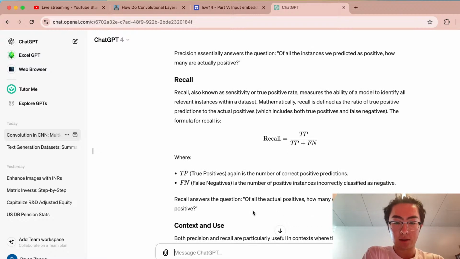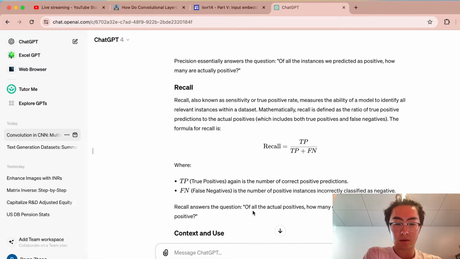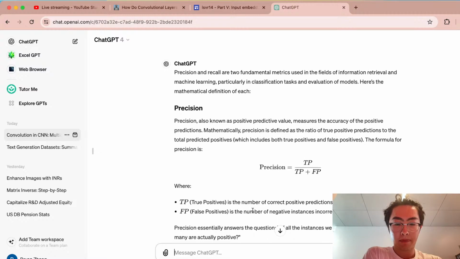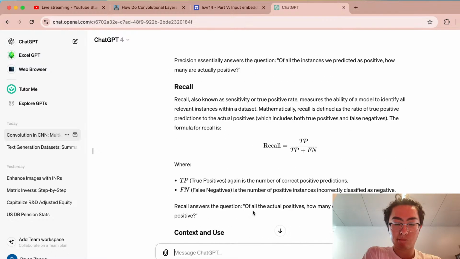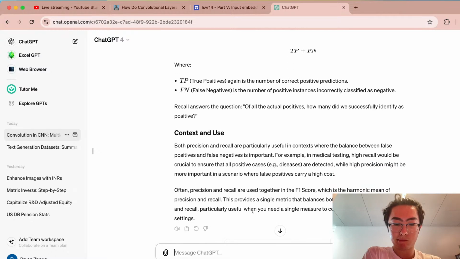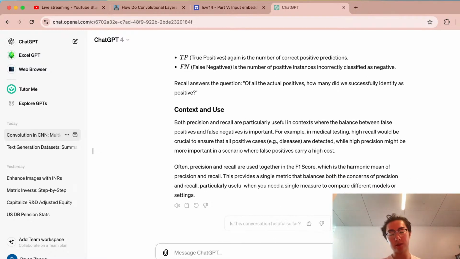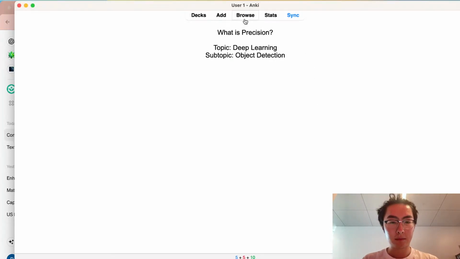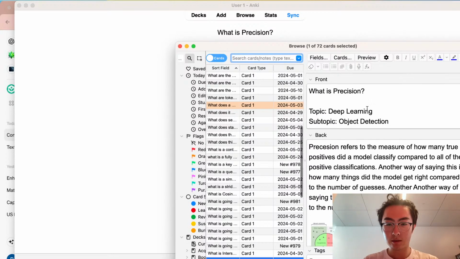Okay, false negatives. False positive carry high here. Okay, so this actually does help a lot.